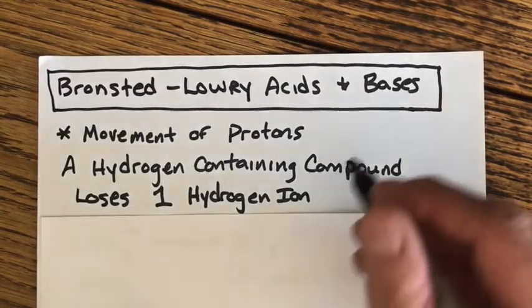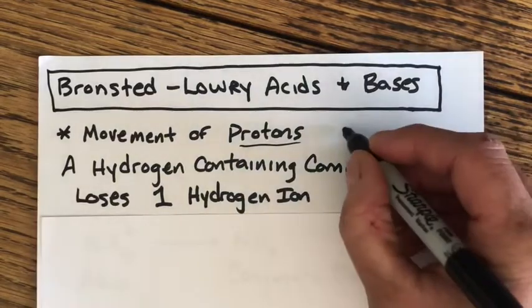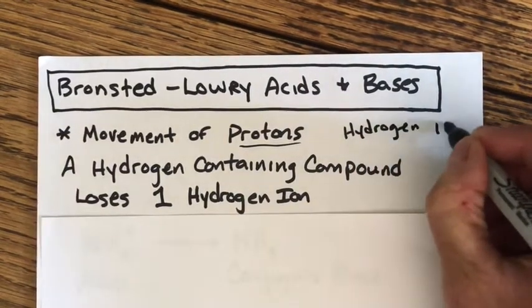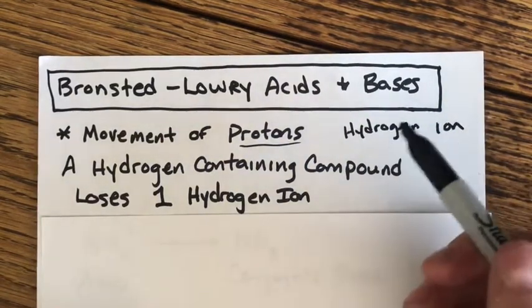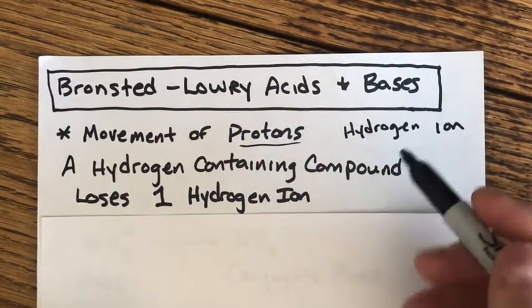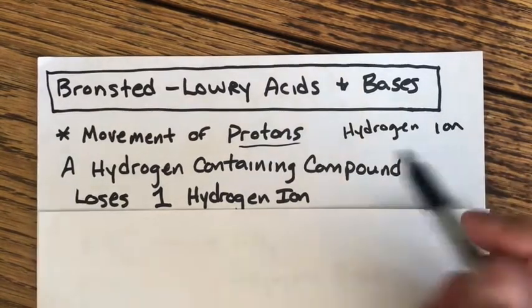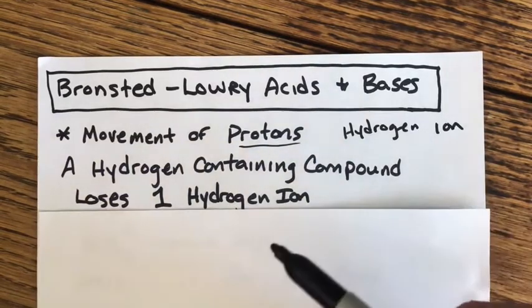protons. And we're going to use this word proton and hydrogen ion kind of synonymously, because hydrogen as an atom, when it loses its electron to become a positive one oxidation state hydrogen atom, is a naked proton, right? So protons and hydrogen ions are kind of the same thing.